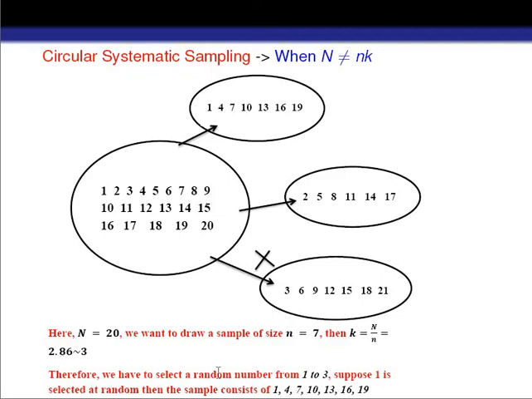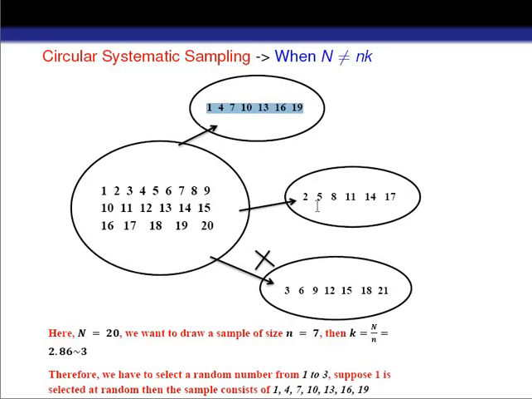Since our sampling interval k is equal to 3, we have to choose a random number from 1 to 3 for our first unit. Now suppose 1 is selected. Then these will be the selected sampling units for the sample.